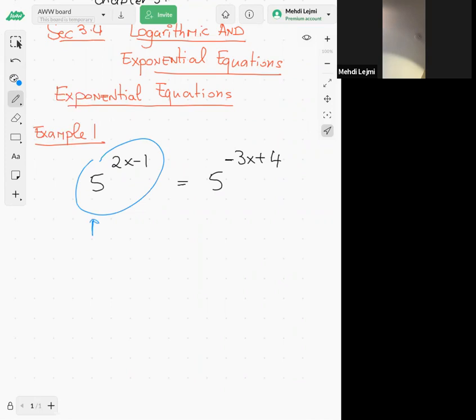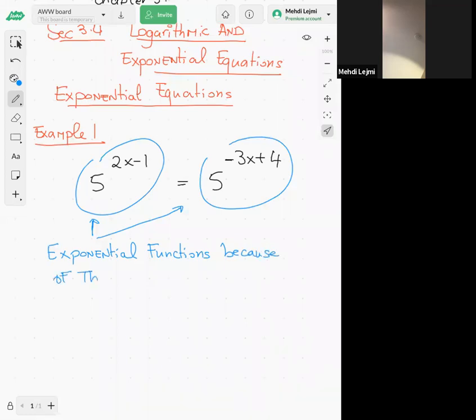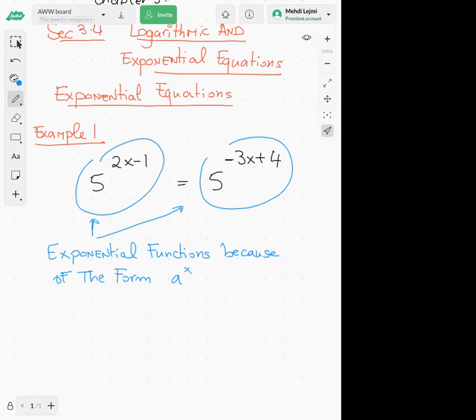Both of them are exponential functions because they are of the form some constant a to the power x. Well, it's not exactly power x here, of course. It's 2x minus 1 on the left side.